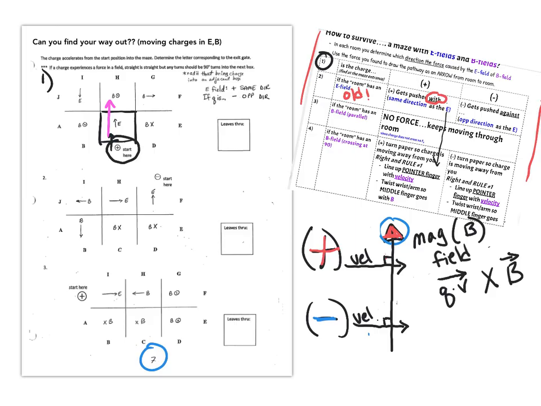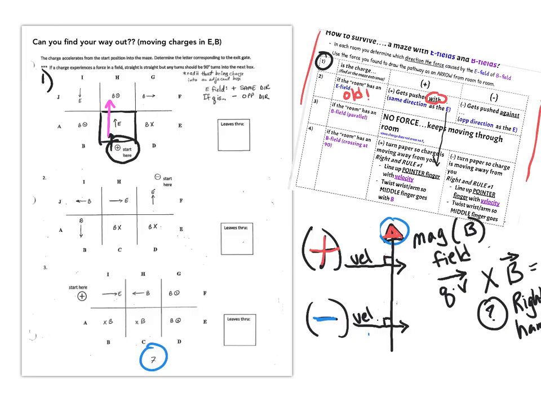But the question is, what direction is the force? Which way? And the answer you find with what's called the right hand rule. By the way, the name of that force is the Lorentz force, but we'll just call it FB because it's the force created by the magnetic field.